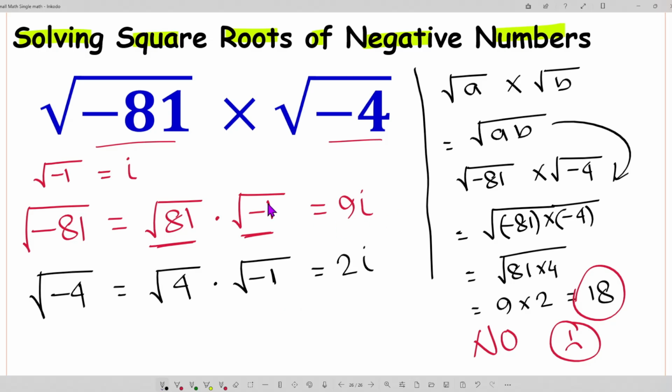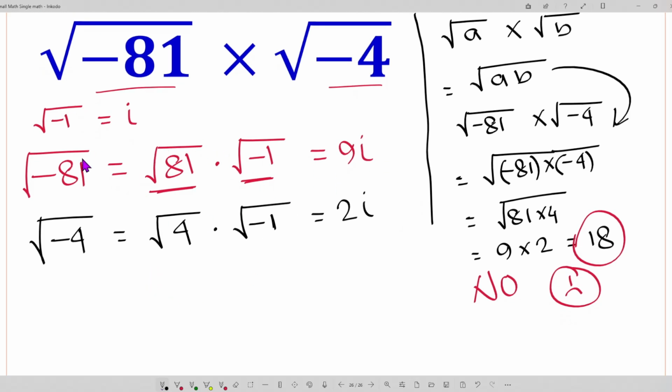Now we simplify, once we multiply this one, 9i times 2i becomes 18 i square.